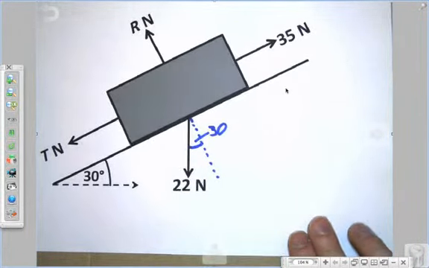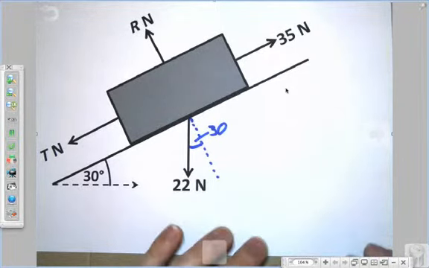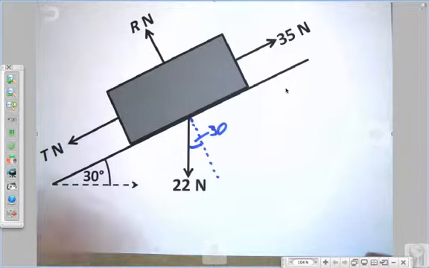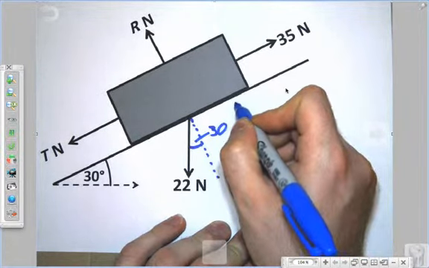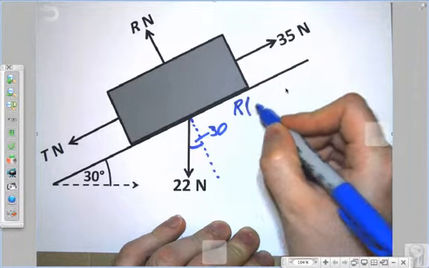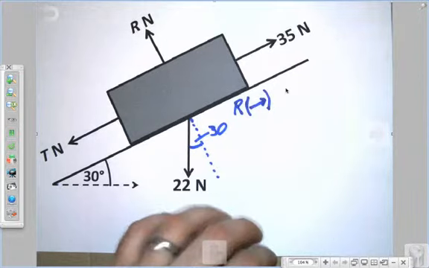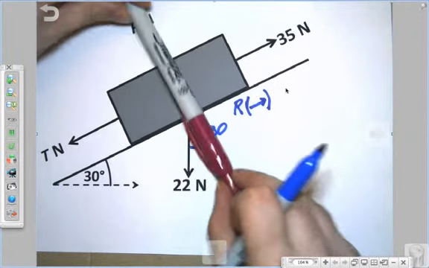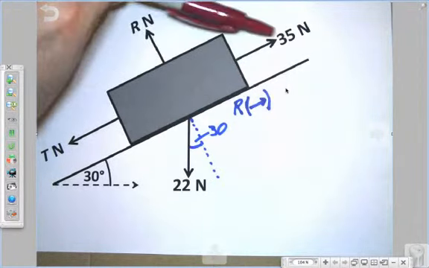So, we're going to resolve in our two perpendicular directions. Now this time, it doesn't really make any difference, so I'll stick with what I did before, parallel first, up the slope. Now, if you stick that pen on perpendicular, all that covers up is the R. So, I've got to take account of all three other forces.